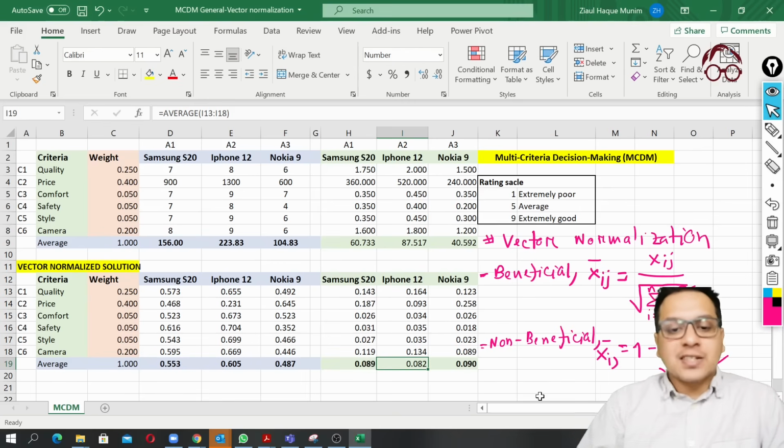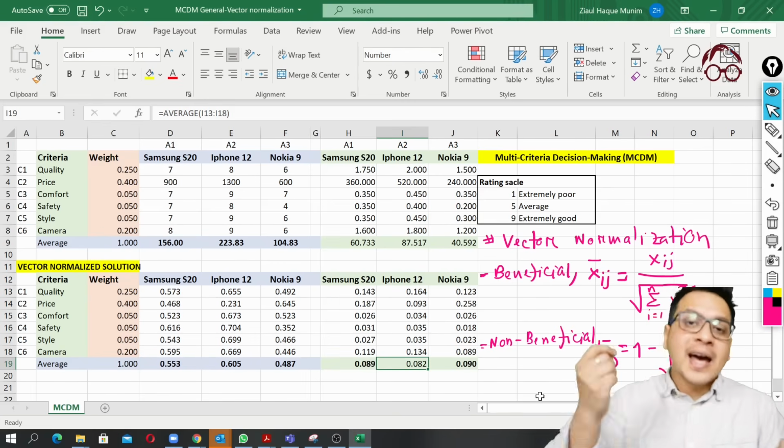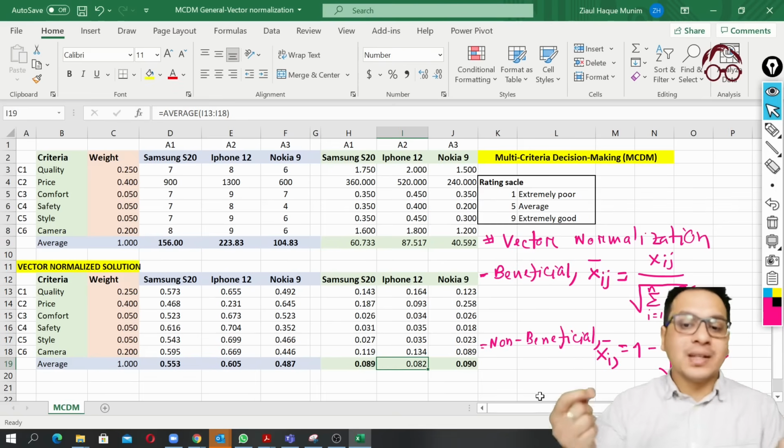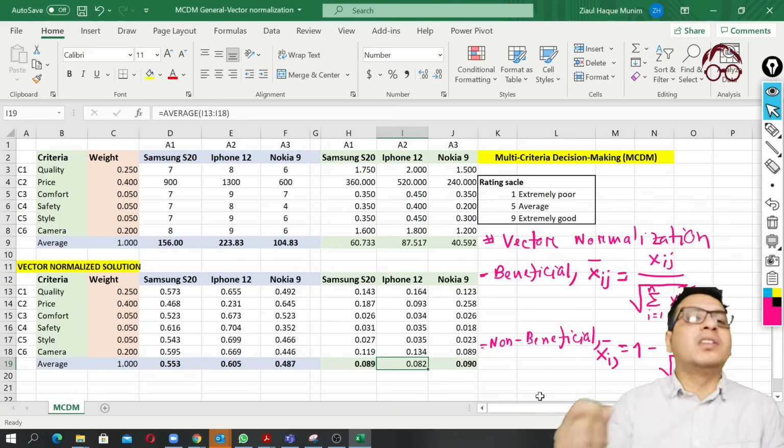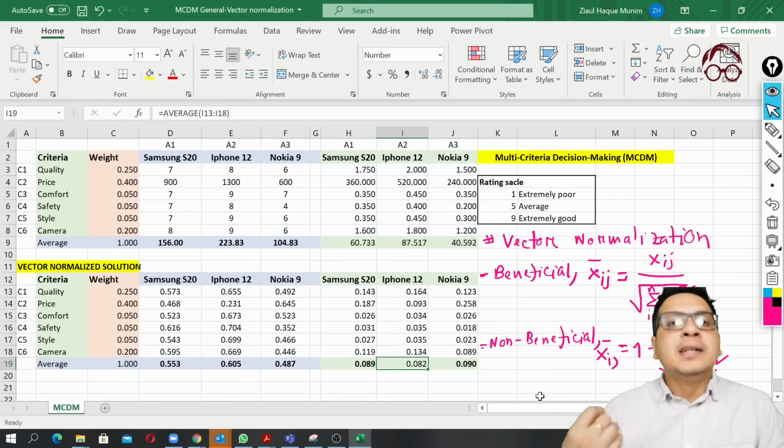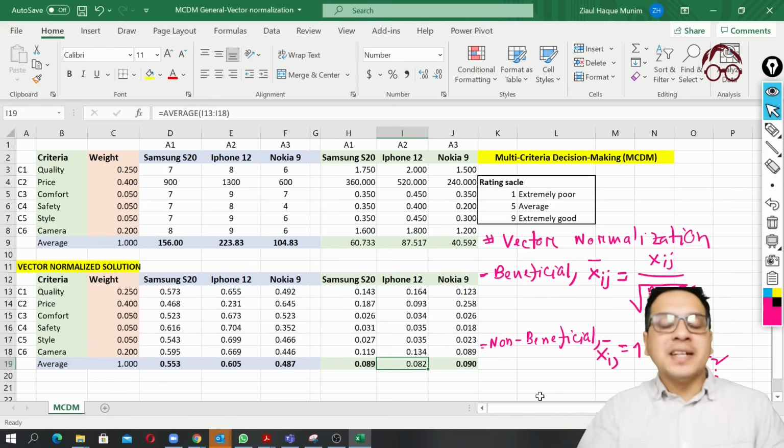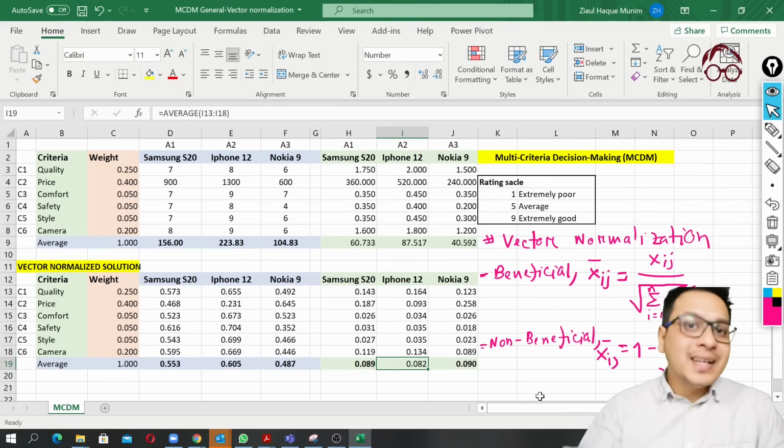So one thing is constant here, that is the iPhone is the least preferred alternative when we are considering the weight and normalization, whether we are considering the linear normalization or the vector normalization. So after considering the weight and normalization, iPhone becomes the least preferred alternative. Okay.